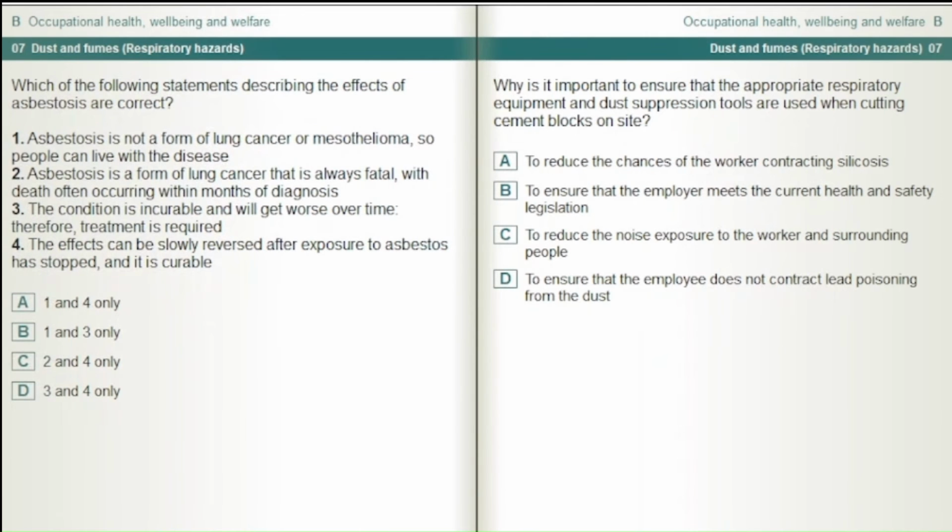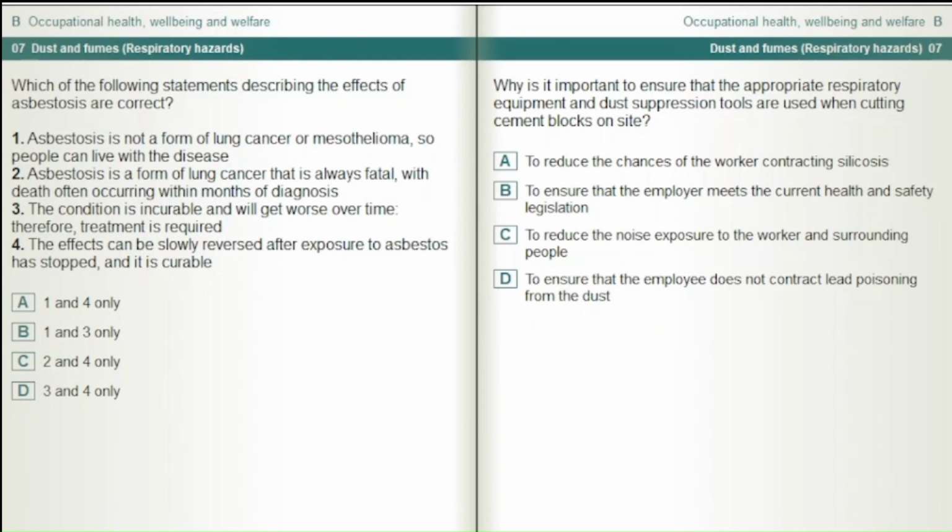Which of the following statements describing the effects of asbestosis are correct? 1. Asbestosis is not a form of lung cancer or mesothelioma, so people can live with the disease. 2. Asbestosis is a form of lung cancer that is always fatal, with death often occurring within months of diagnosis. 3.